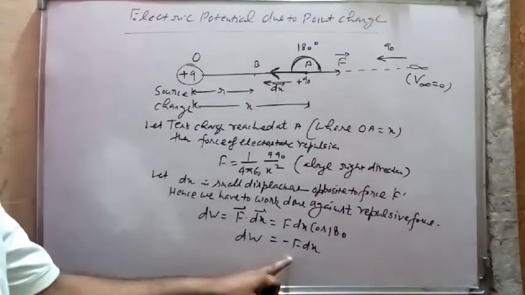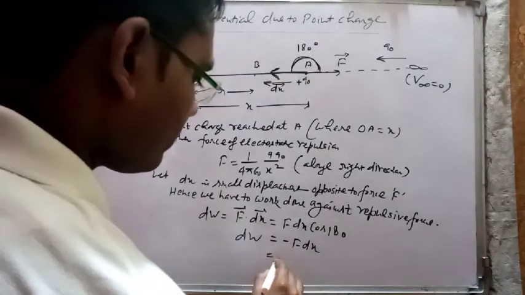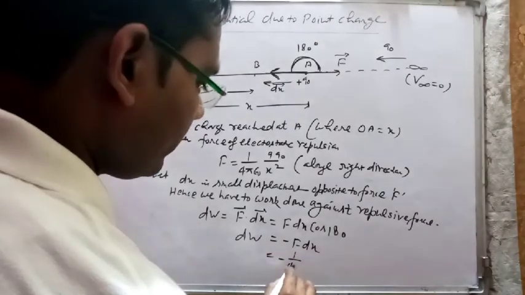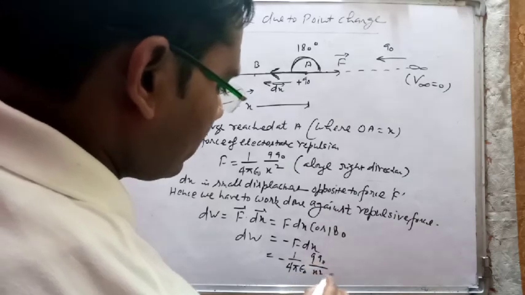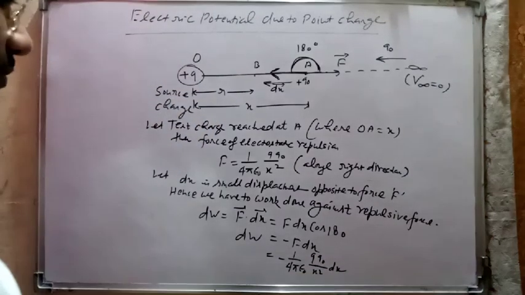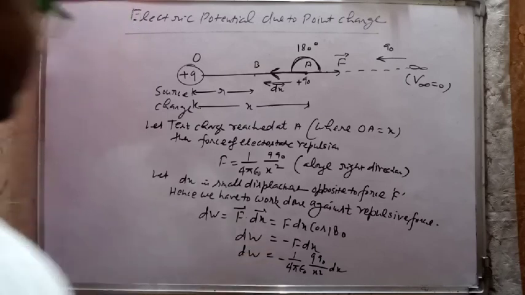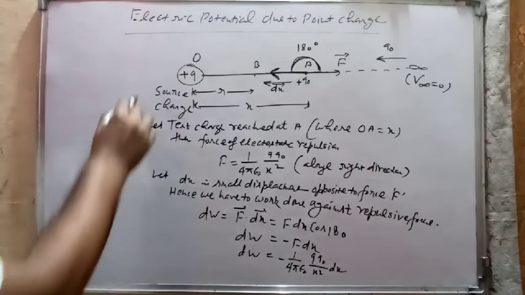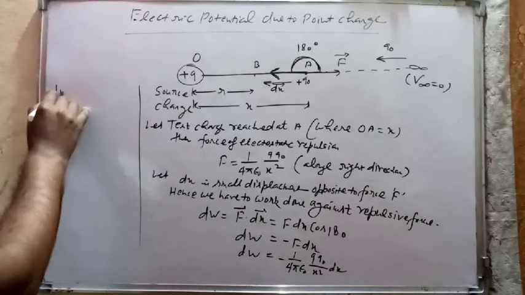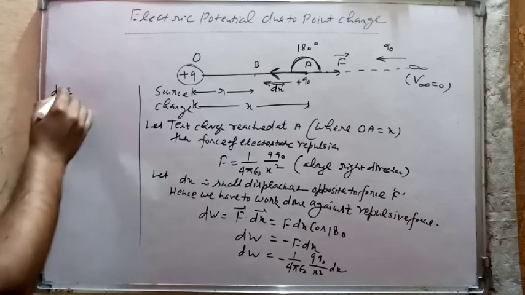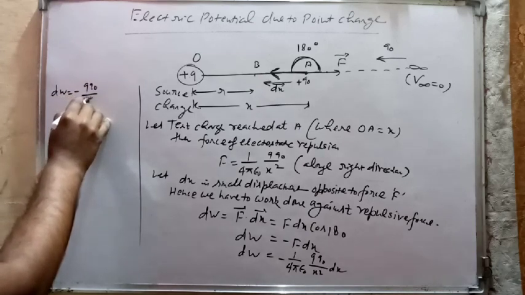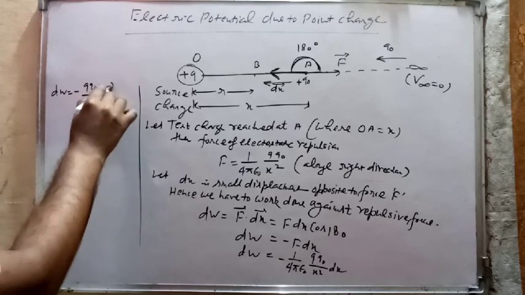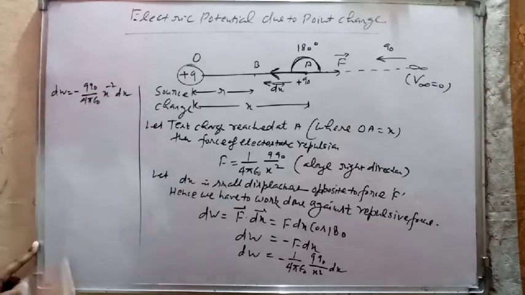Now we substitute the value of F: minus 1 divided by 4 pi epsilon naught Q Q naught x square dx. Now dW is equal to minus Q Q naught divided by 4 pi epsilon naught, x to the power minus 2 dx.